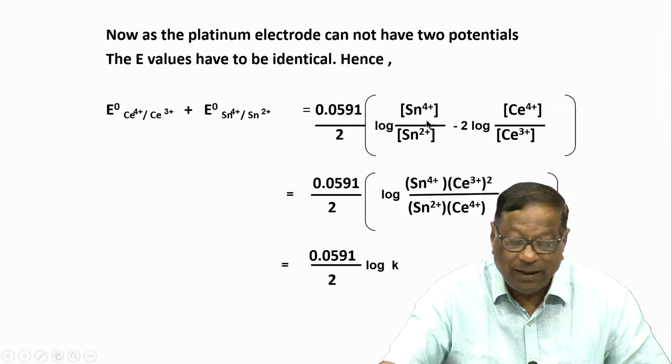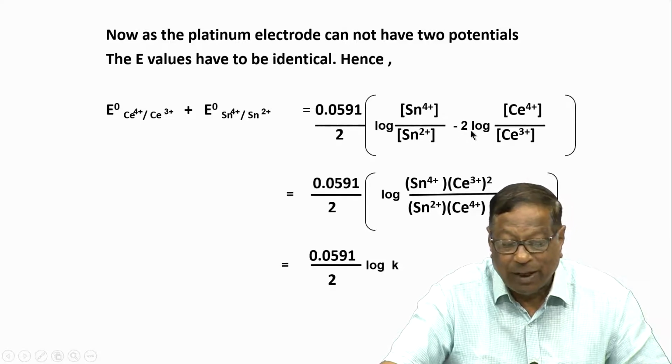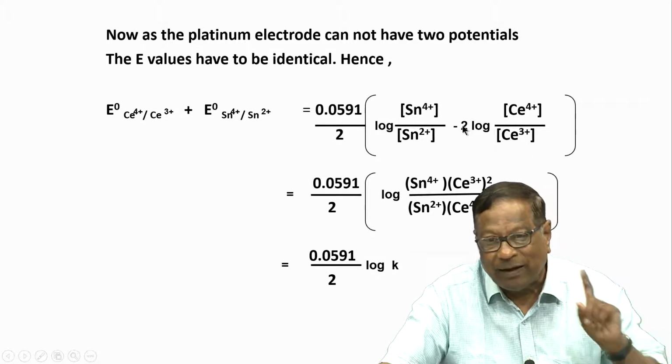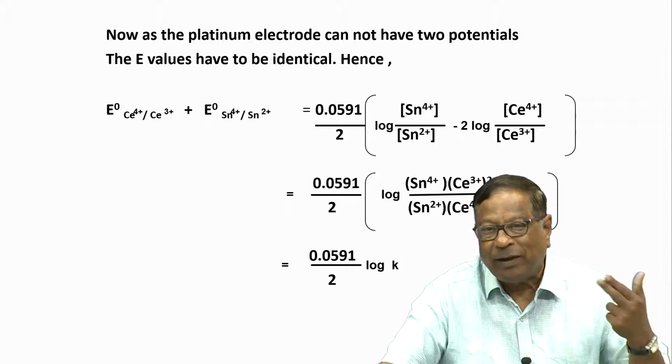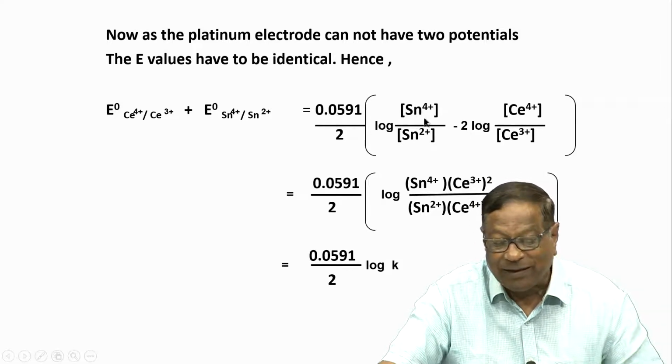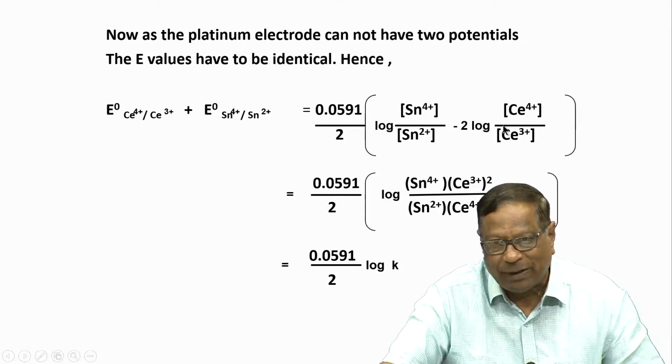So, I can write a reaction something like this, Sn4+ by Sn2+ minus 2 times log of ceric to cerous. Why this 2 here? Again it is a single cell reaction, but requires double the concentration. It is because for stannic stannous there is a change of 2 valence states, here it is a change of 1 valence state.